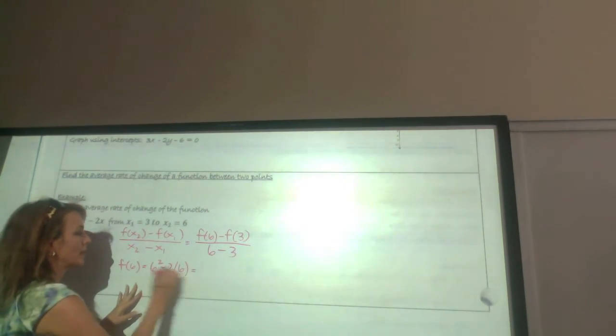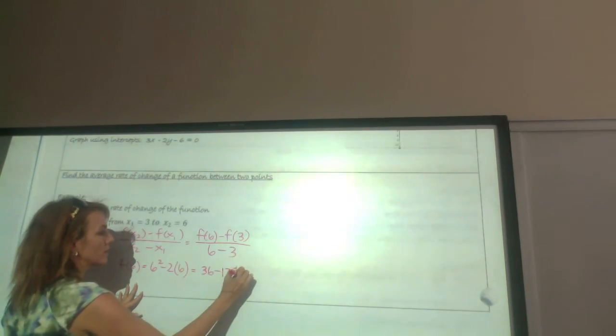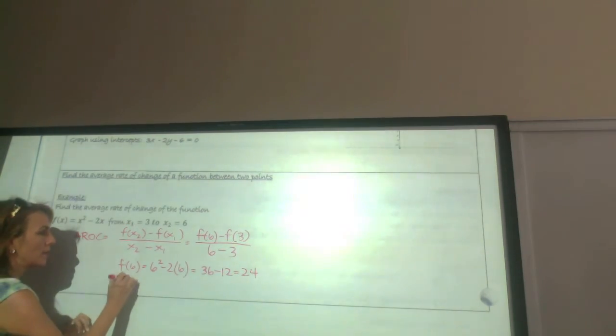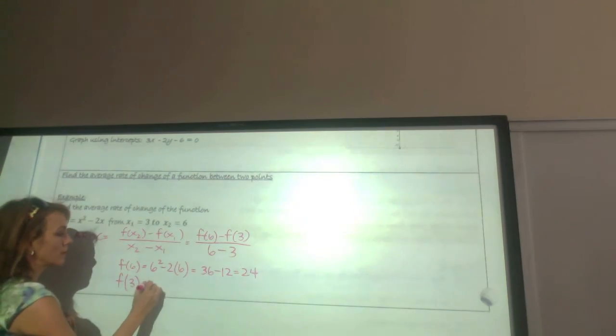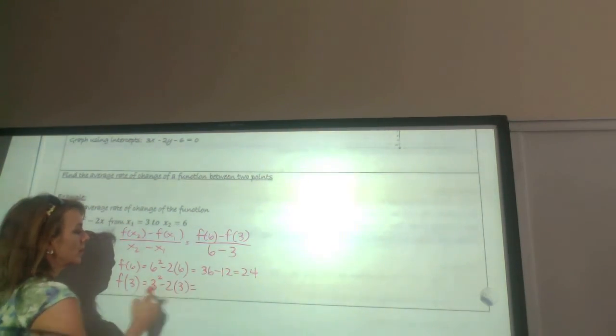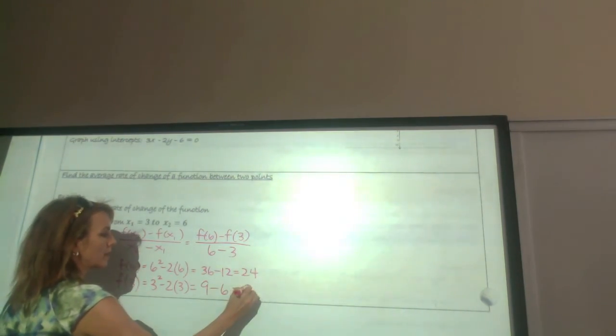So this is going to be 36 minus 12, also known as 24. And I'm also going to do f of 3 because I need that one right here. f of 3 is equal to 3 squared minus 2 times 3. 3 squared is 9, minus 2 times 3 is 6, and that's going to be 3.